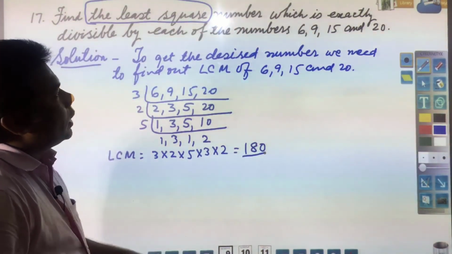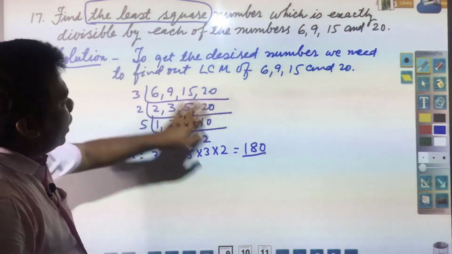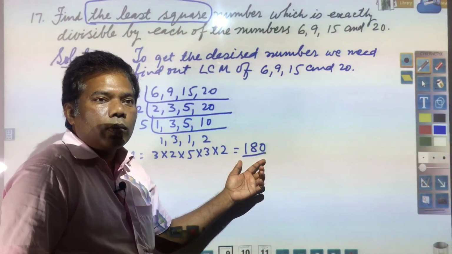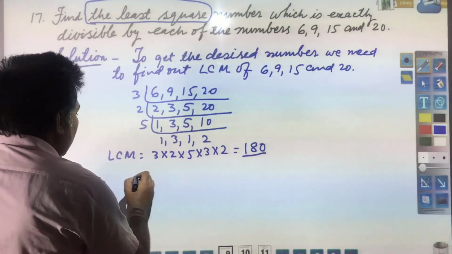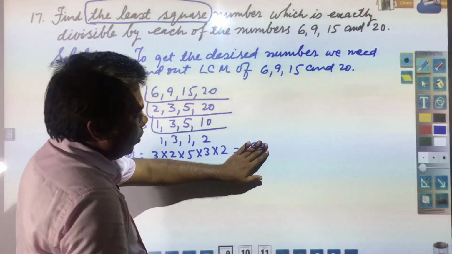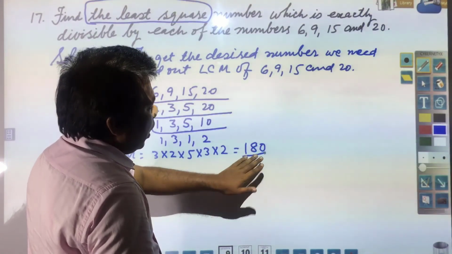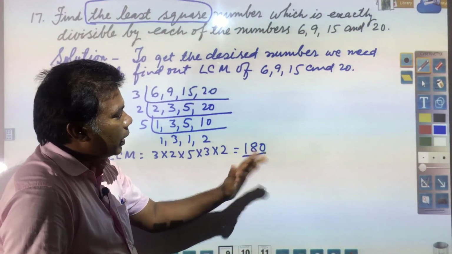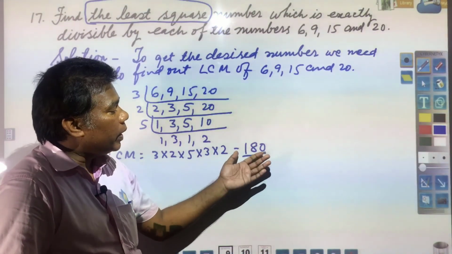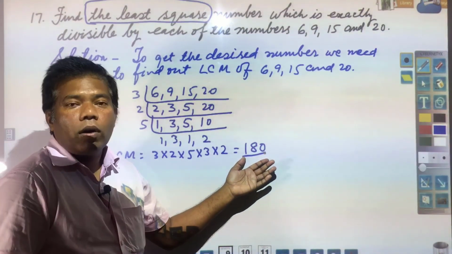Now, we need to see what to do for making this a perfect square. Either it should be multiplied by some number so that it will become a perfect square. First we need to see whether this is a perfect square or not.